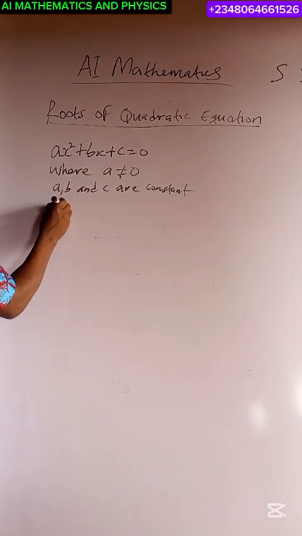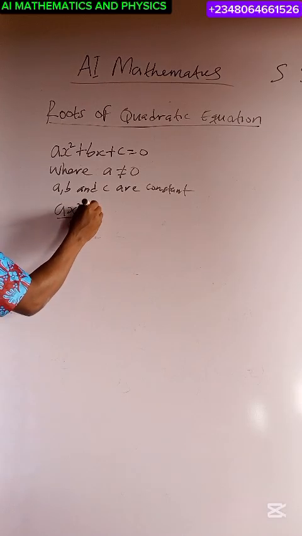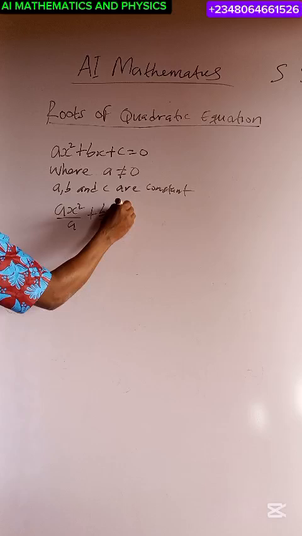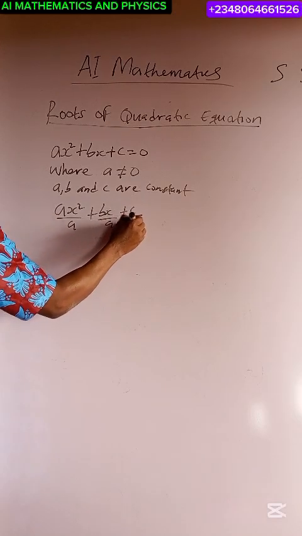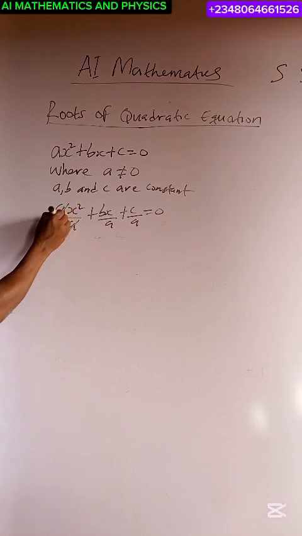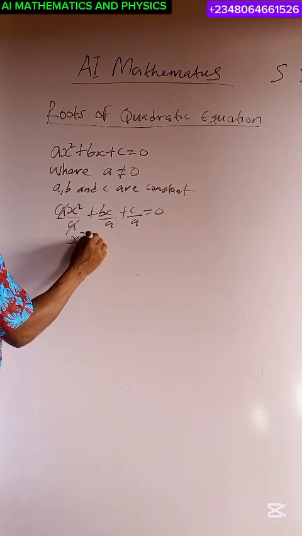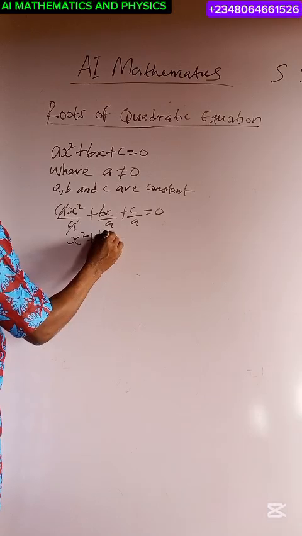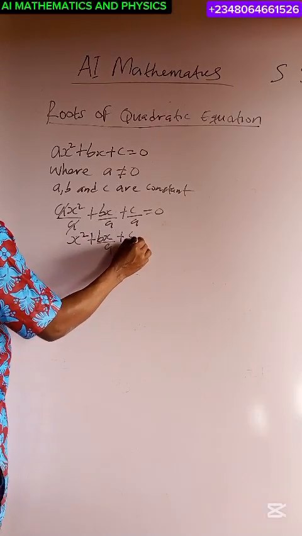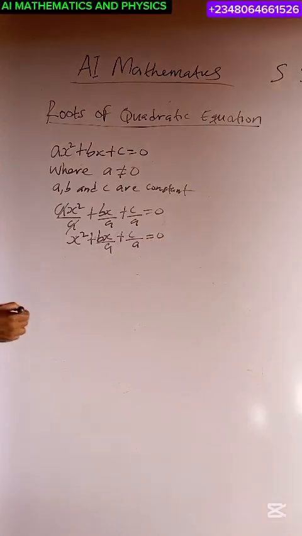That is ax squared over a plus bx over a plus c over a equal to 0. You can see this cancels this, now we have x squared plus bx over a plus c over a, everything equal to 0.